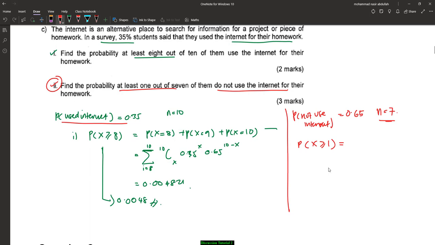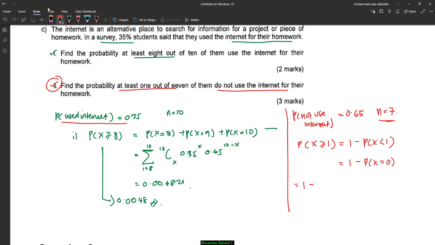So manual calculation we can do by using either a calculator with summation, or you can use another method. You need to manipulate a bit, so it becomes 1 minus probability of x less than 1. So this one should be 1 minus probability of x equal to 0, right?